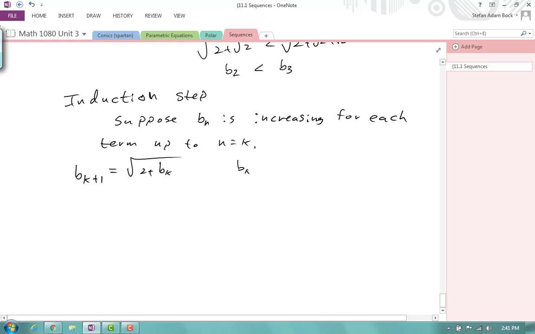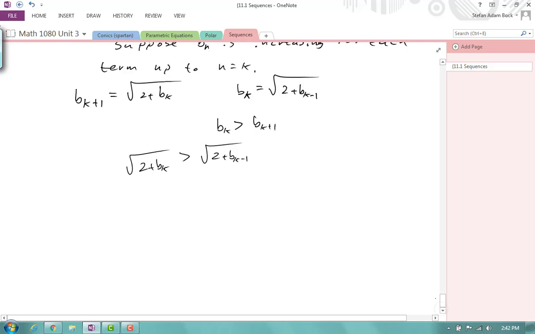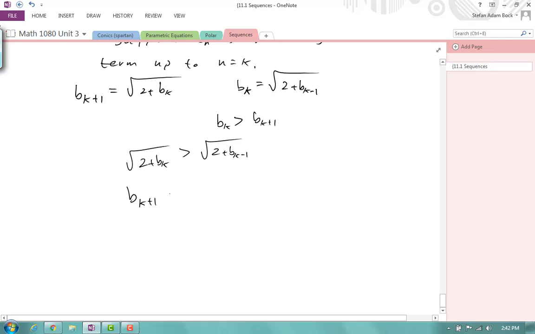But b sub k is equal to the square root of 2 plus b sub k minus 1. But since b sub k is greater than b sub k minus 1, that means the square root of 2 plus b sub k would have to be larger than the square root of 2 plus b sub k minus 1. Which means that b sub k plus 1 is larger than b sub k.